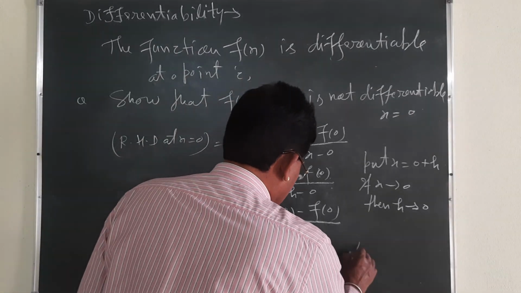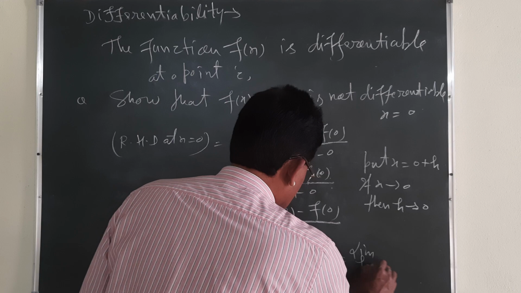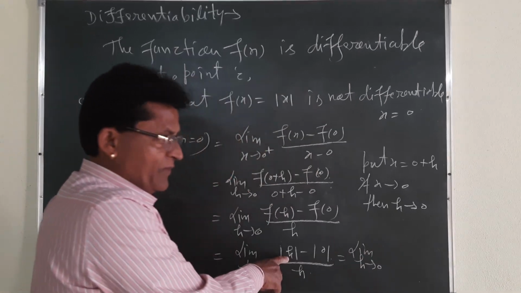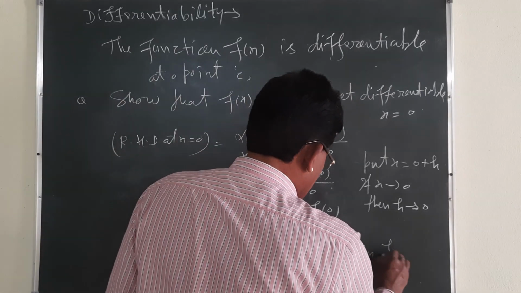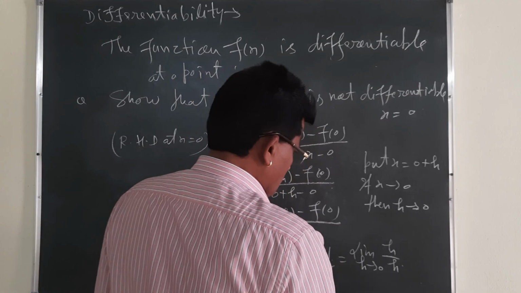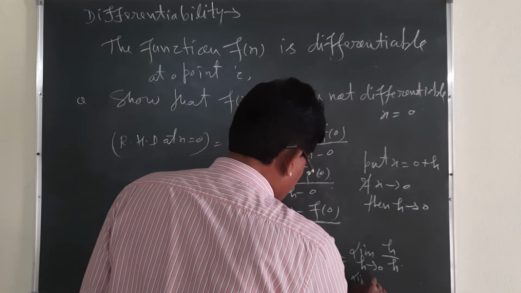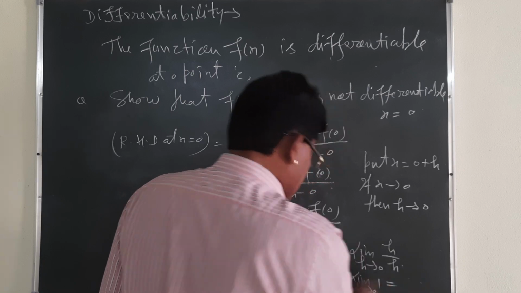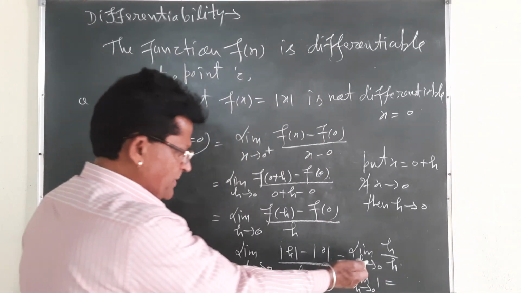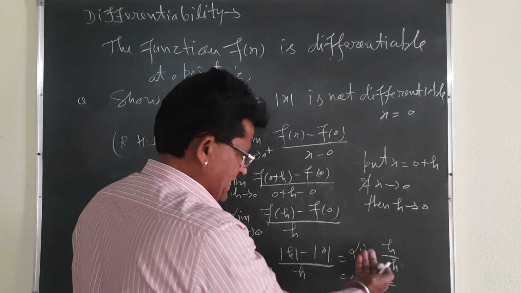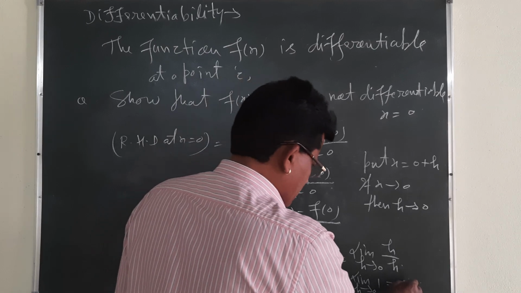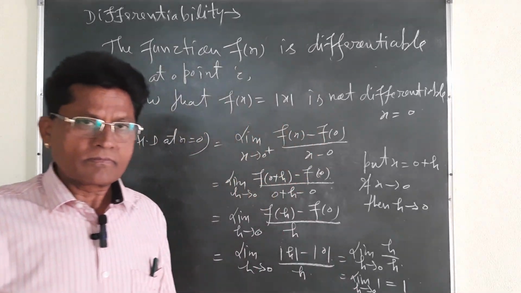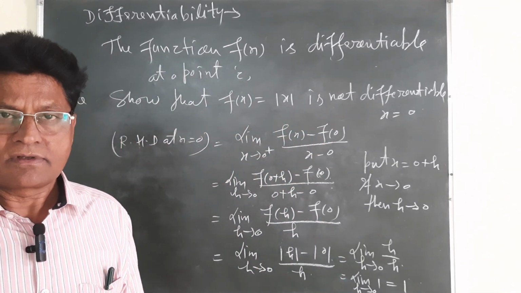See, I am just going to write limit h tends to 0, absolute value of h, that is h upon h, which is equal to 1. Limit h tends to 0 of 1 is equal to 1, because this function is free from h. That is why its value will be 1.